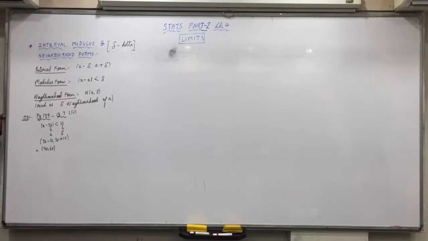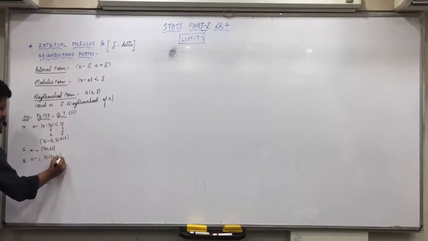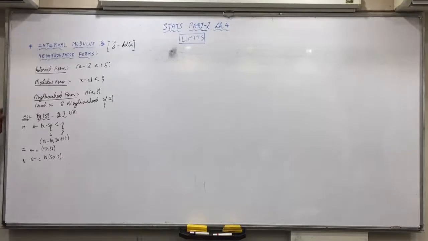Did you understand this? So this is the modulus form. This is the interval form. And the same thing, if I write it in neighborhood form, will be written as N(A, delta), and it will be read as 10 neighborhood of 50.